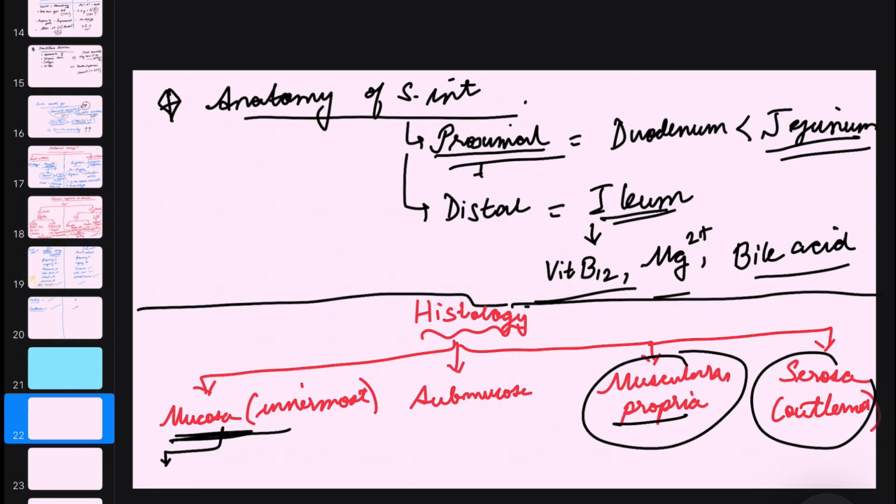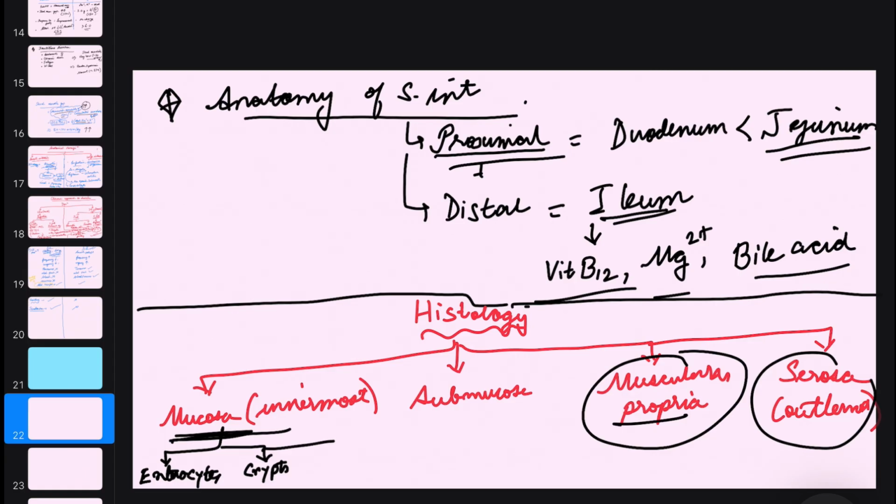So the mucosa had enterocytes. The mucosa had, what did it have? The crypts of Lieberkühn. The crypts, then they had all those other cells, right? At the base, we had the Paneth cells. Then we had neuroendocrine cells. We had the goblet cells, right?